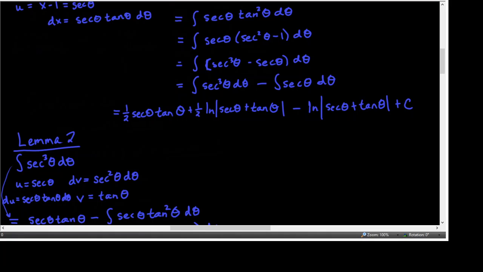That natural logarithm expression is identical. So that simplifies to be 1/2 secant theta tangent theta, and then 1/2 of those minus one of those makes minus 1/2 of those being the natural logarithm expression.